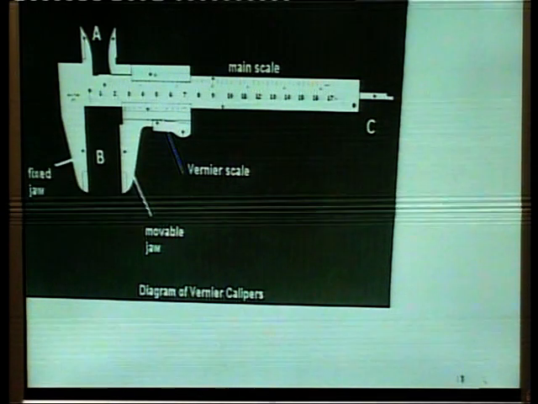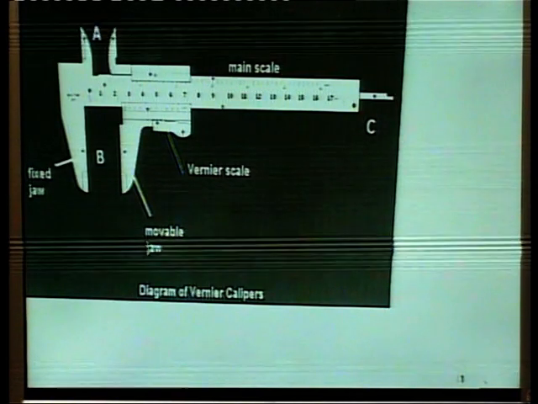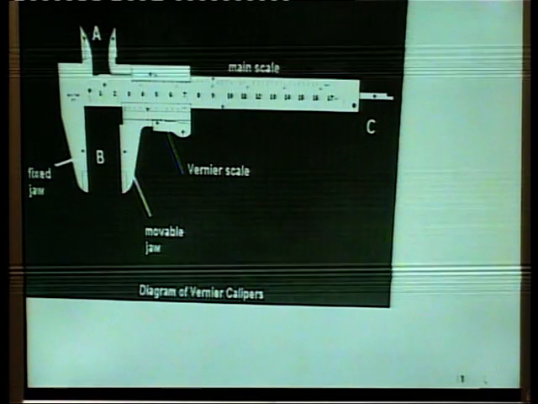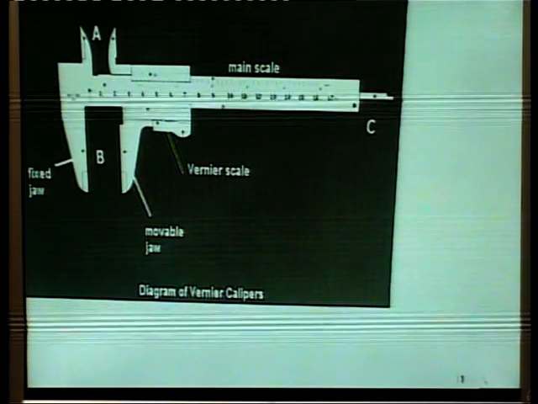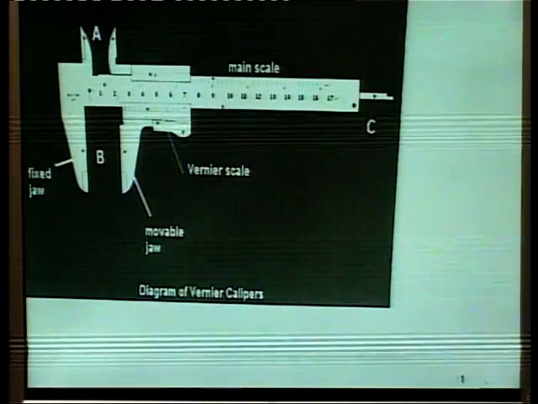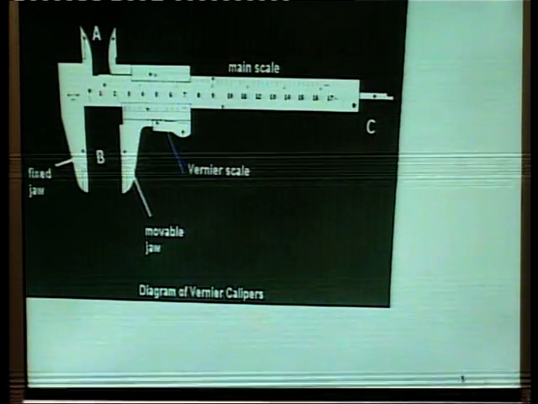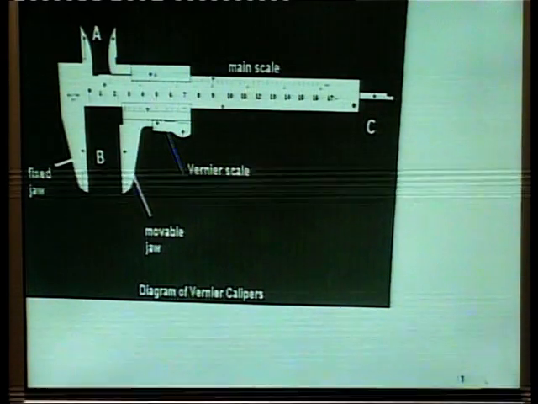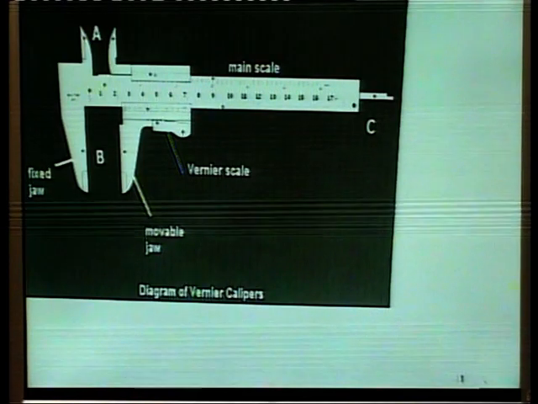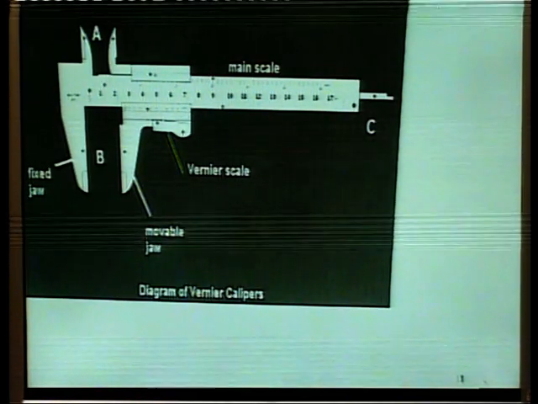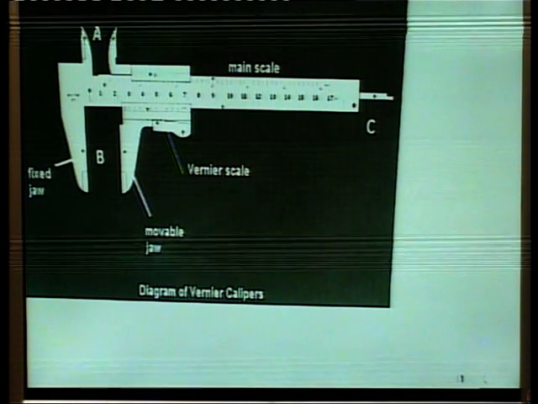So there are two portions on a vernier caliper on which objects to be measured are kept. One is the portion labeled as A in this diagram. It allows for measurement of internal diameter, and the other portion is labeled as B in this diagram, which is for the measurement of the external diameters.